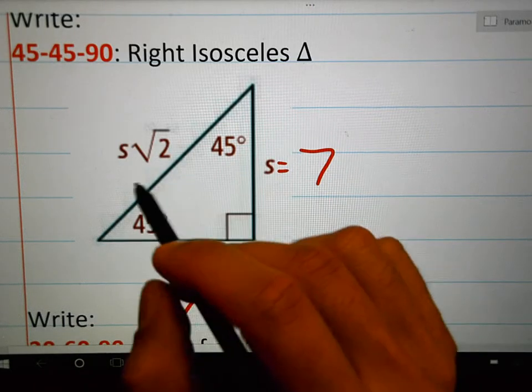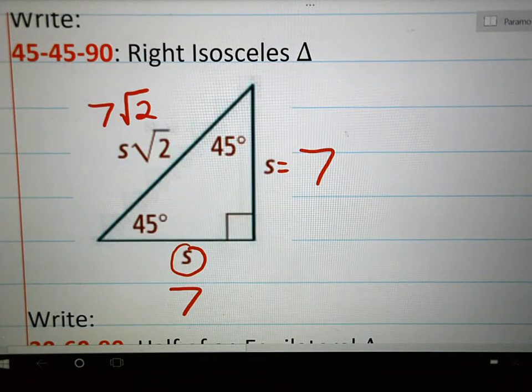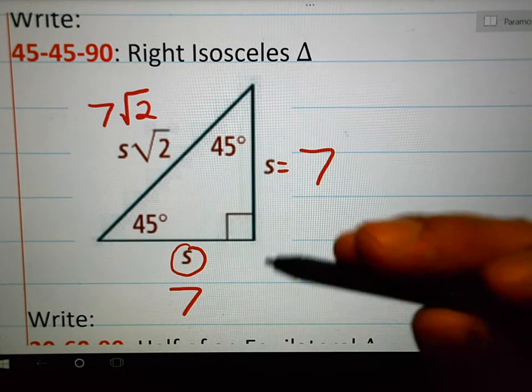And that means the hypotenuse would be 7 root 2. Do you see how it works? It's a pattern. If you know the length of this side, you know the length of the other side and the hypotenuse.